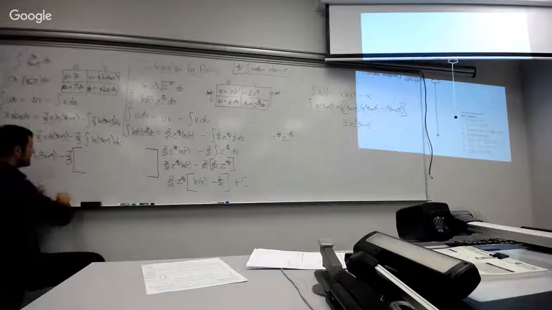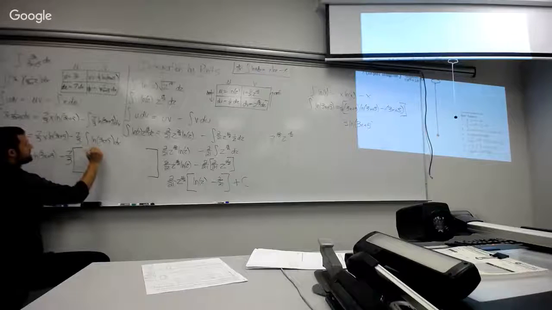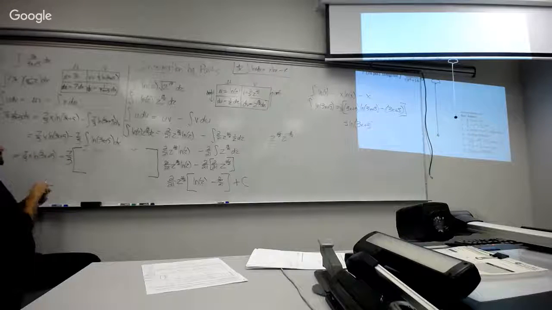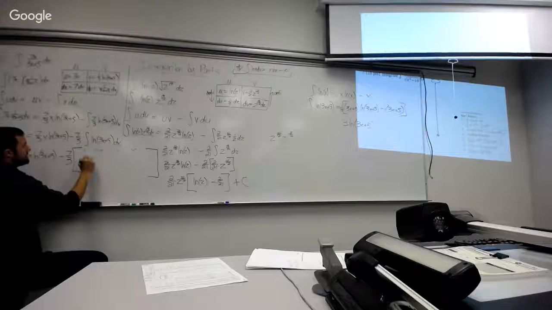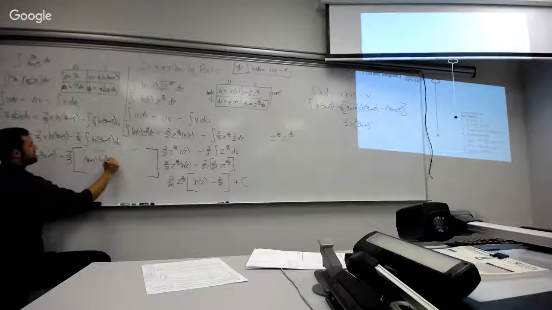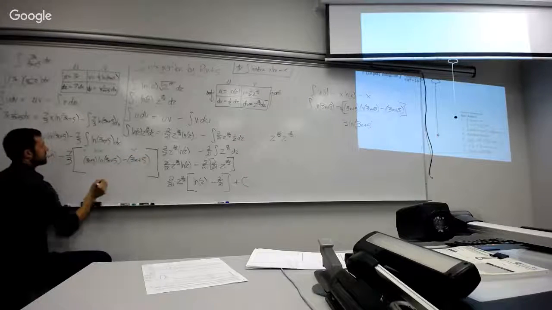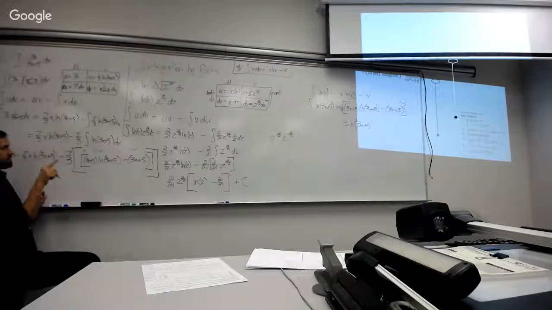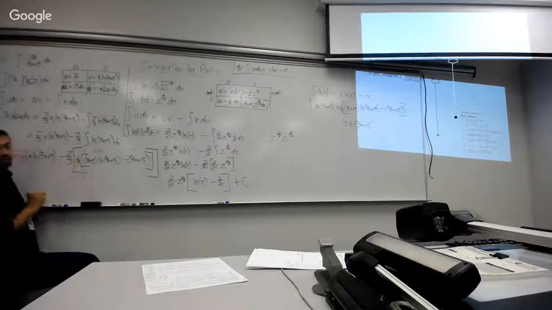Remember, the formula is x natural log x minus x, but we're going to plug in 3x plus 5 for all those x's. So it'd really be 3x plus 5, and then the natural log of 3x plus 5, and then you subtract 3x plus 5. But because there's an inner function of 3x plus 5, we also need a 1/3 factor out front.